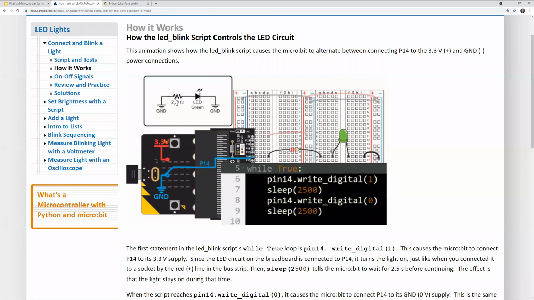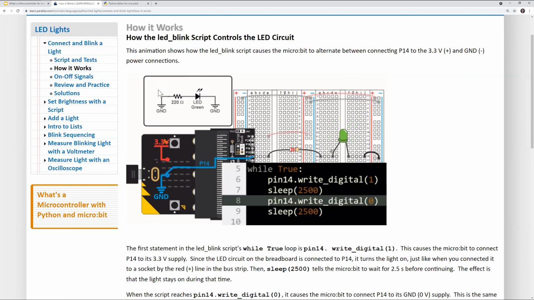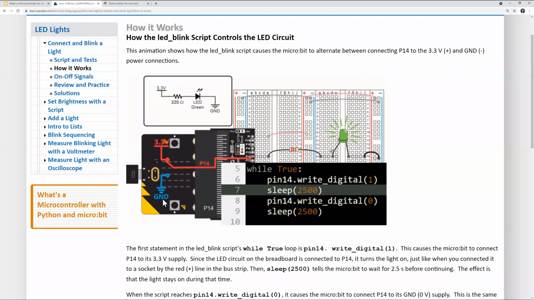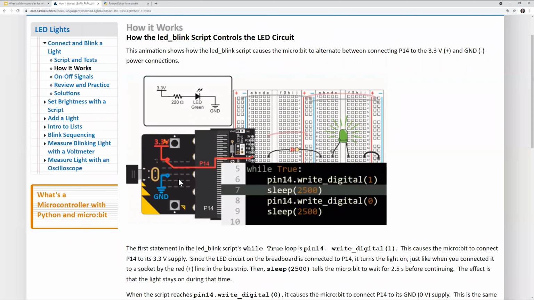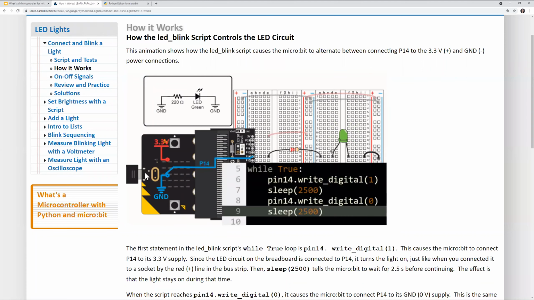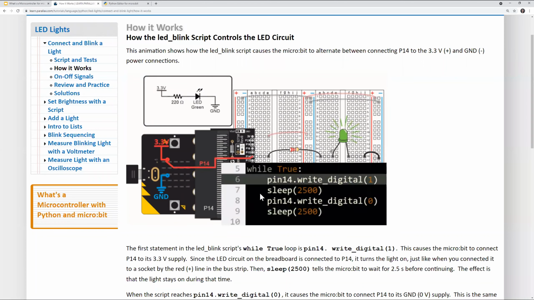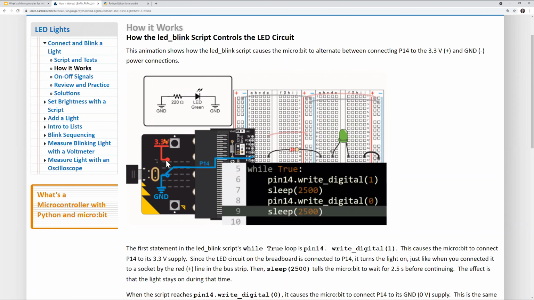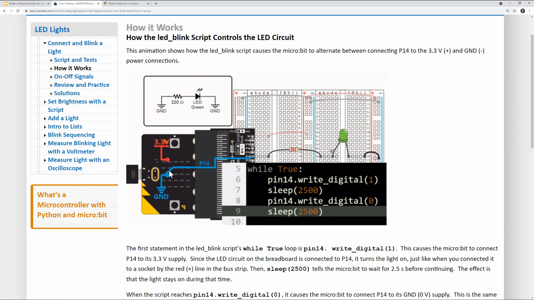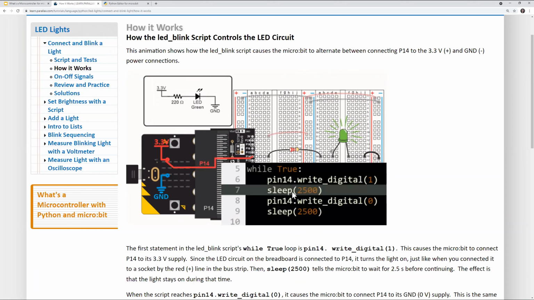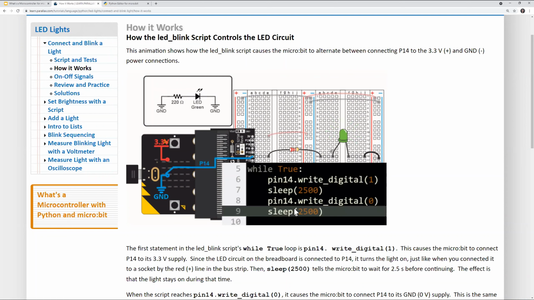When it comes back on, the 220 ohm resistor is connected to 3.3 volts. It also shows that as something that's happening internally inside the micro:bit's microcontroller over here. It's showing that your script is actually causing the connection of that P14 pin to change inside the micro:bit, that the micro:bit is doing the connecting and disconnecting for you.